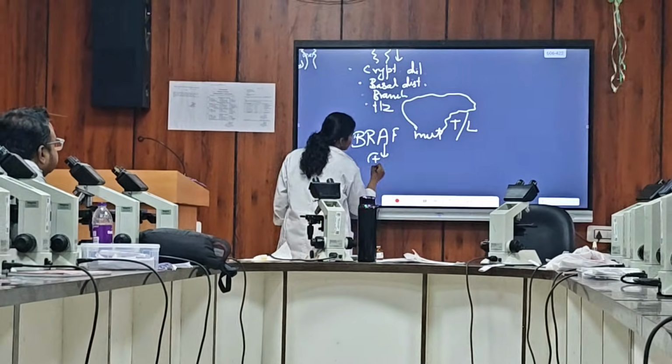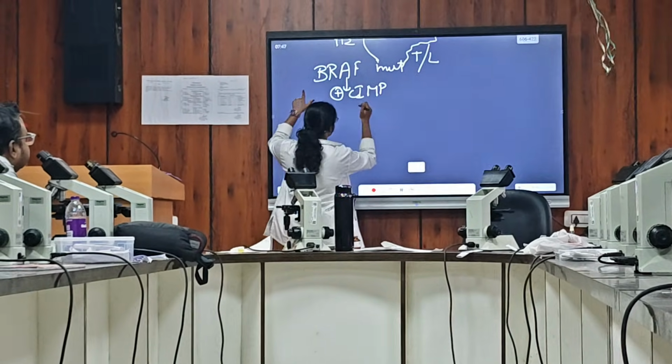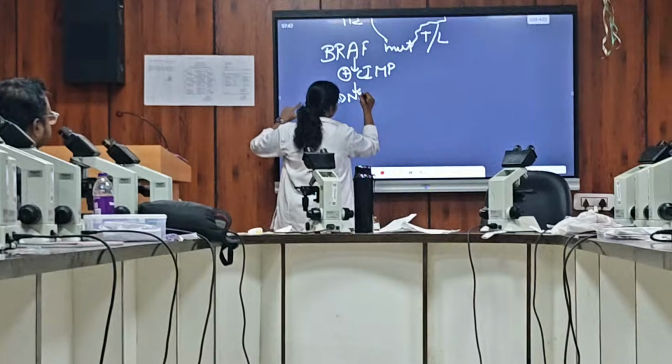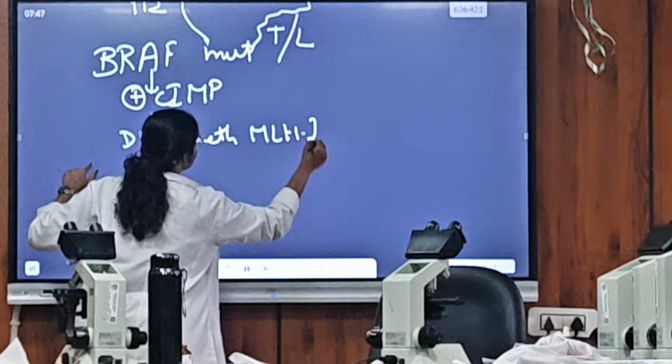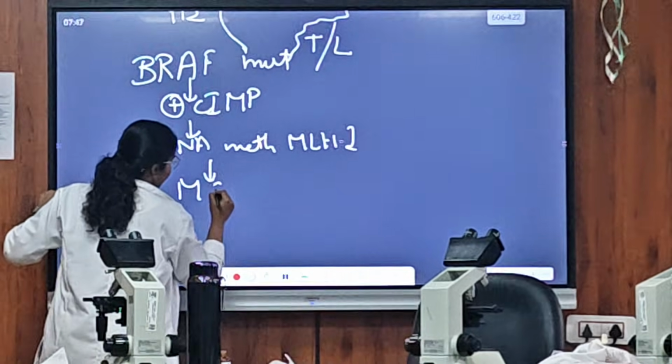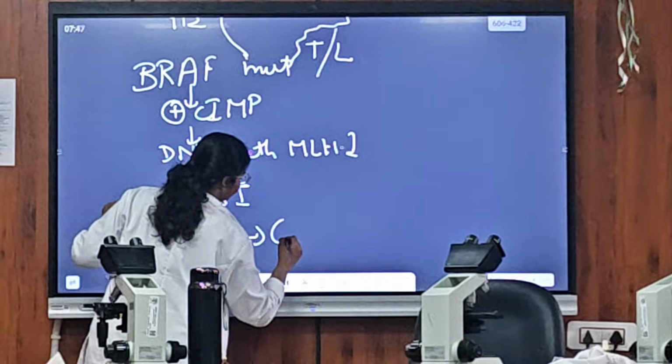Which activates the CIMP pathway, which leads to DNA methylation of the MLH1 gene, which causes microsatellite instability, causing dysplasia and then cancer.